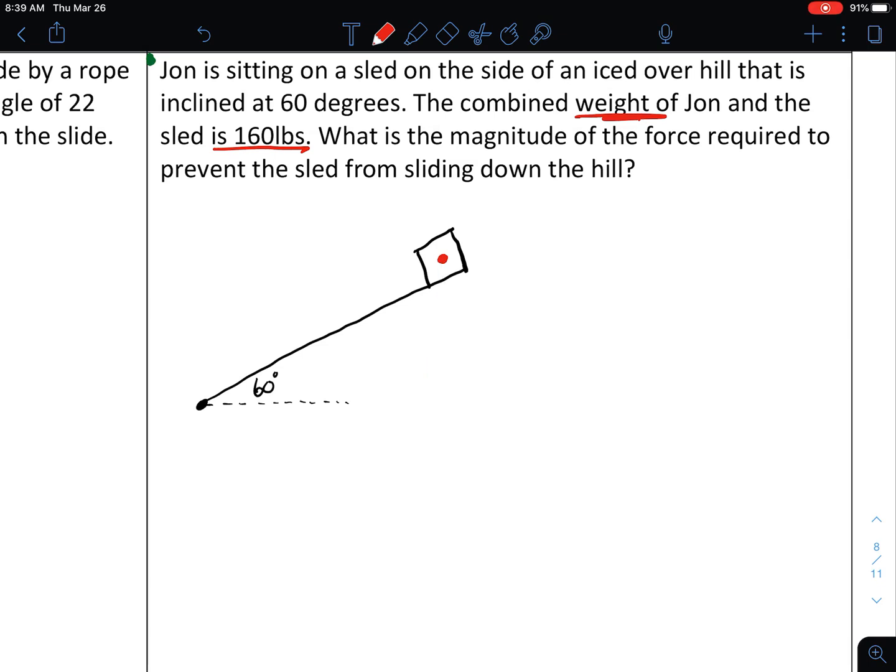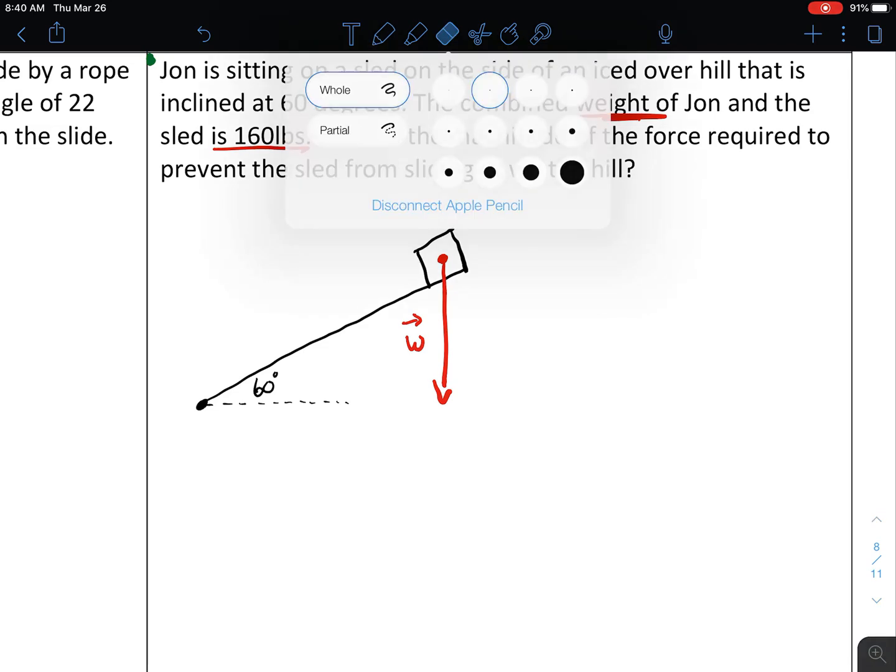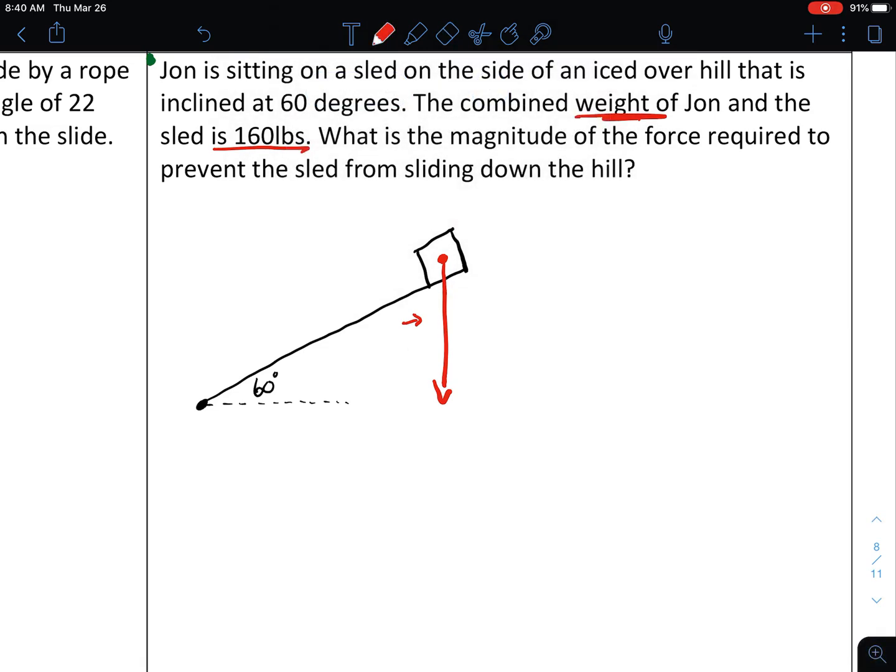So I'm going to pull this thing straight down. This is the weight, or if we want to, we can call it gravity. Call that G for gravity. And we know that's going to be 160.